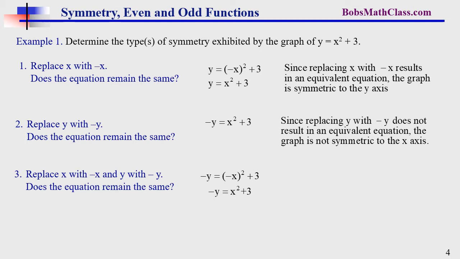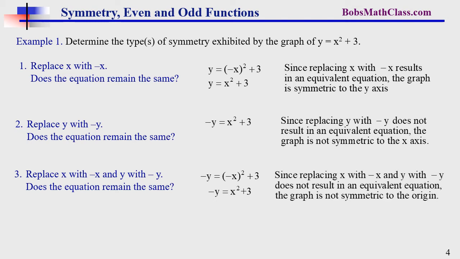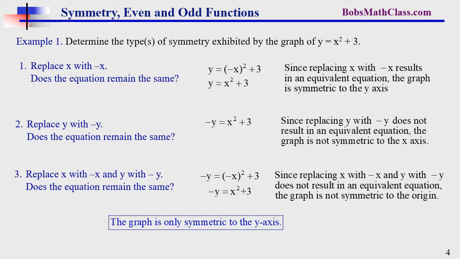That's not going to be the same equation, so therefore it's not symmetric with respect to the origin. So this one, we did all 3 tests, and it was only symmetric to the y-axis, not the x-axis and not the origin.